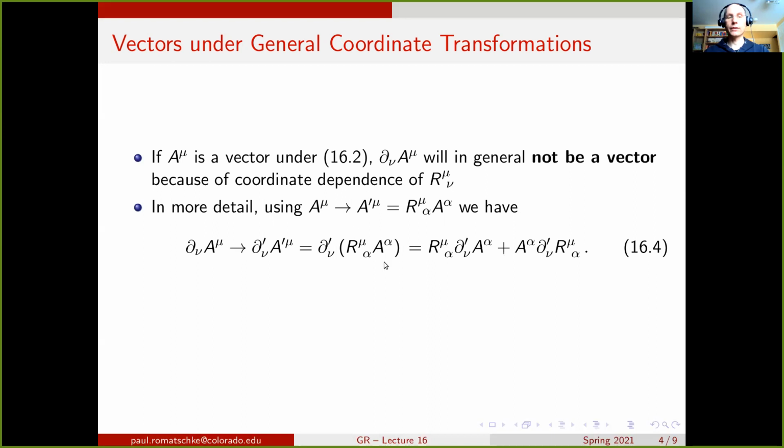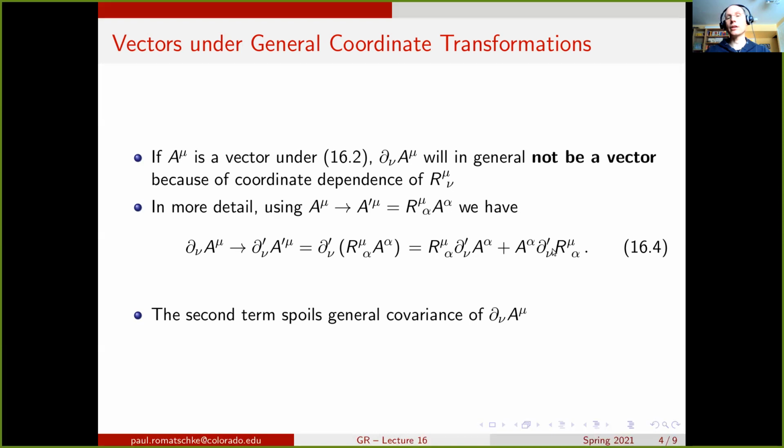So using the chain rule, we get two terms. One of them is the transformation matrix acting on the derivative of A, and the second piece is where we have A and the derivative acting on the transformation matrix. You can see already here in equation 16.4 that if we only had the first term, the transformed derivative would also have a transformation matrix, which is what we expect of a rank 2 tensor under general coordinate transformation.